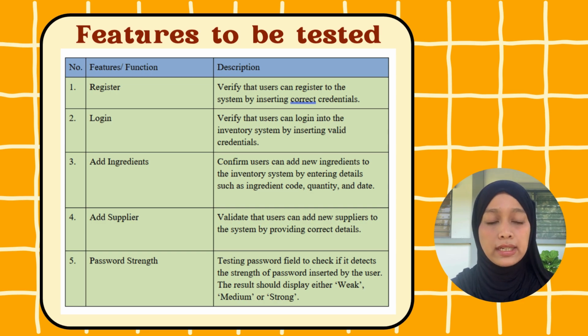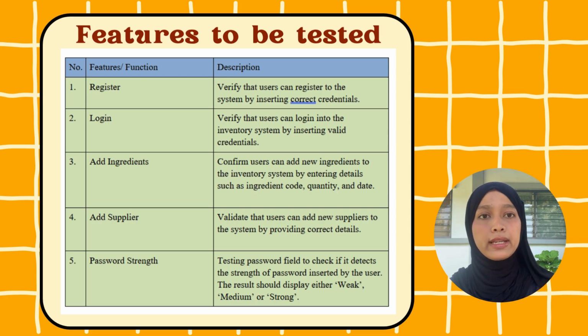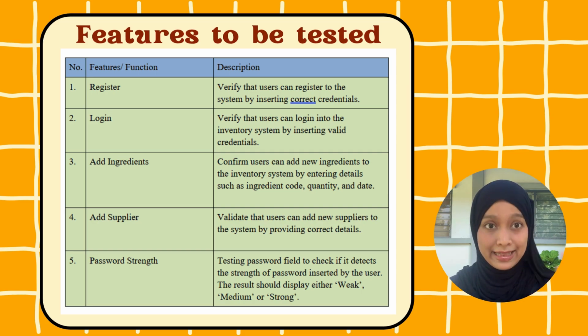The add ingredient function confirms the user can add a new ingredient to the inventory system by entering details such as ingredient code, quantity, and date. The add supplier function validates that the user can add a new supplier to the system by providing correct details. And lastly, password strength tests the password field on whether it checks the strength of the password inserted by the user. The result should display either weak, medium, or strong.